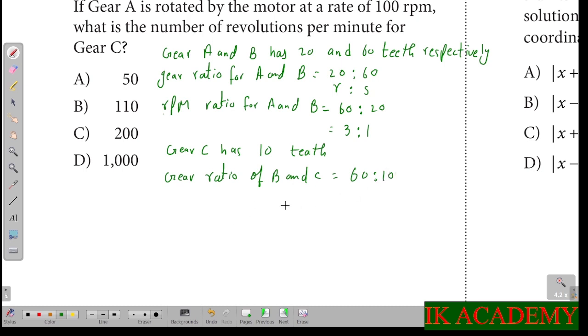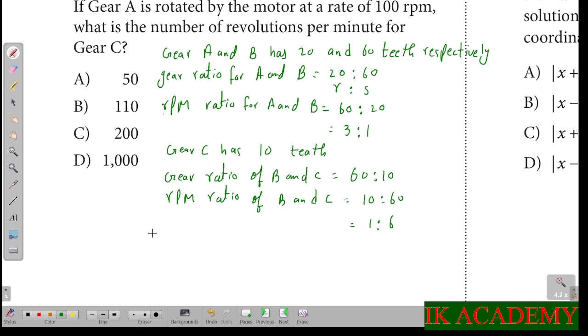And the RPM ratio will be the reciprocal. So the RPM ratio of gear B and C will be 10 ratio 60, which is equal to 1 ratio 6. It means gear B turns at 1 RPM and gear C turns at 6 RPM.